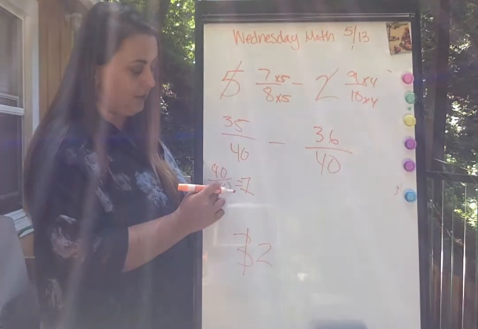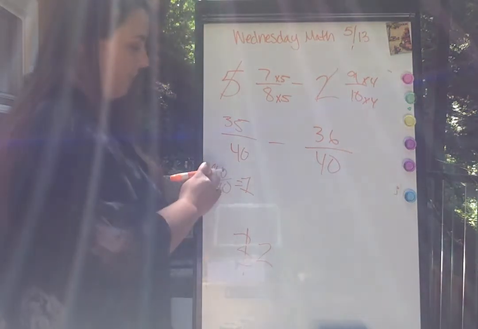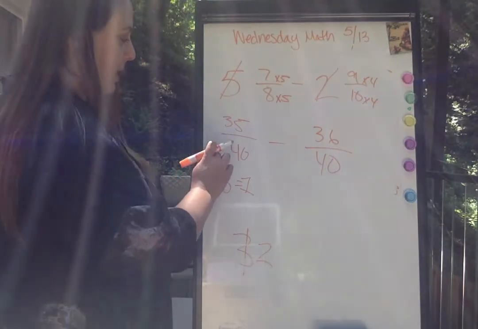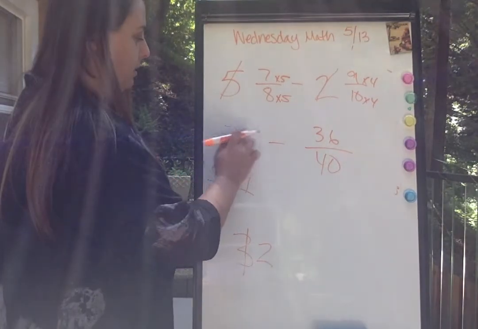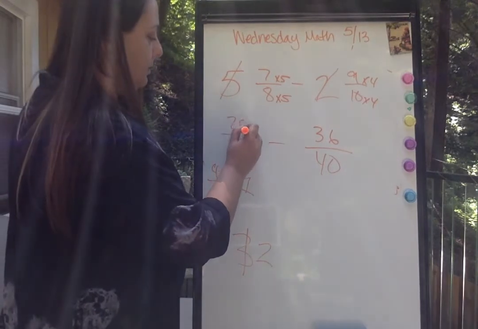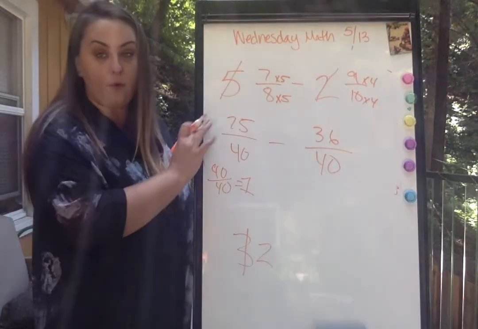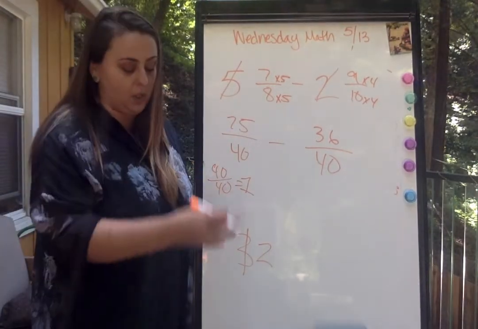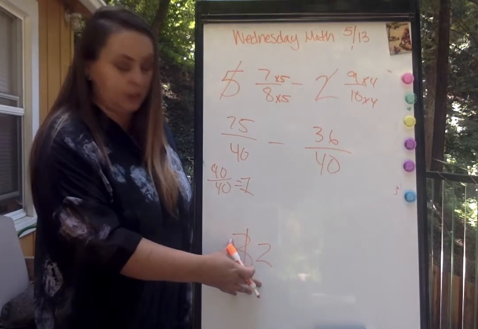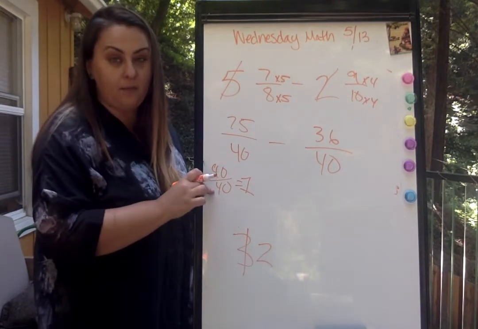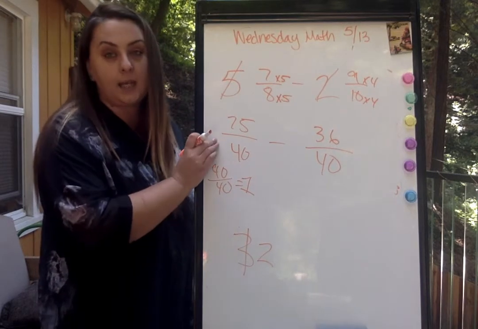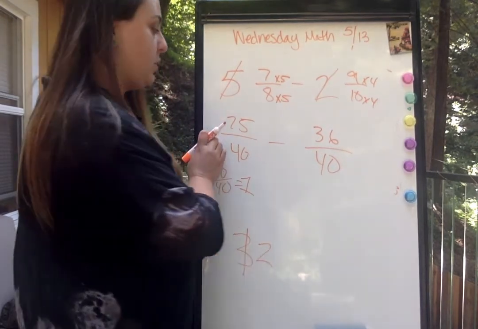Now remember, your denominator is going to stay the same. But 40 plus 35, 4, 5, 6, 7, that's going to then make this 75 over 40. See how the numerator is bigger? So I regrouped a whole number. I made it into a big one in fraction form, and then I added it to that first fraction so that I could subtract it.